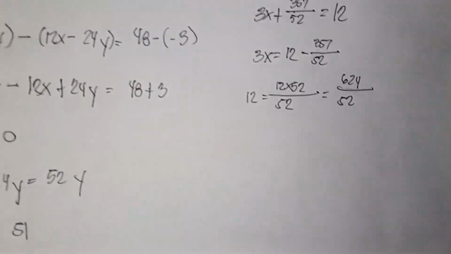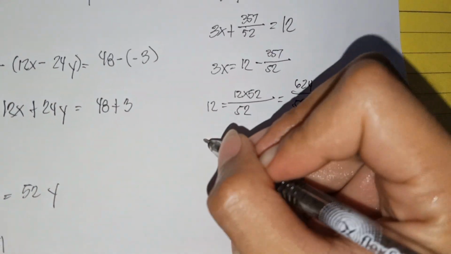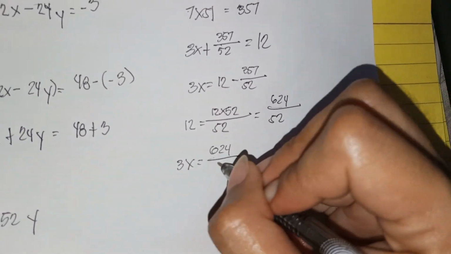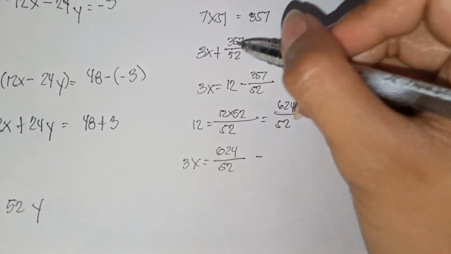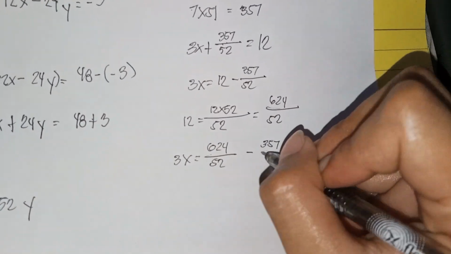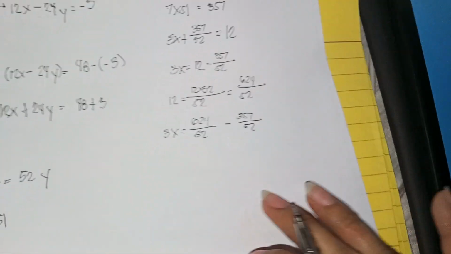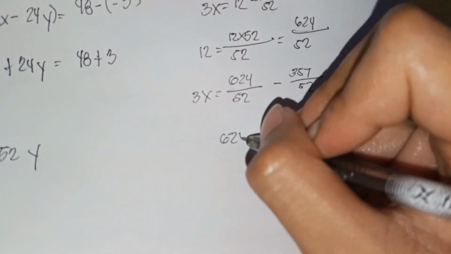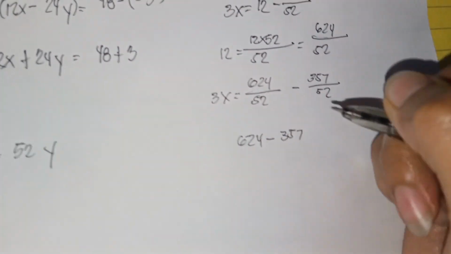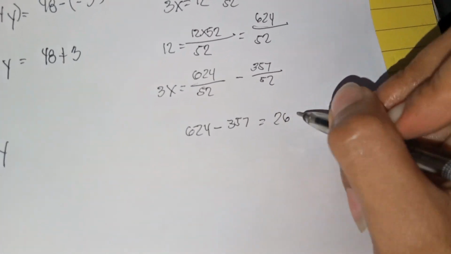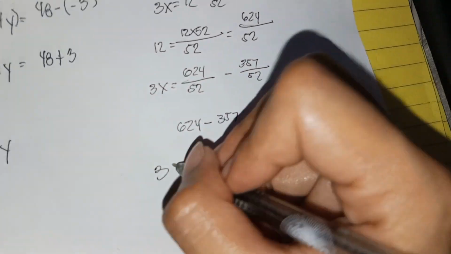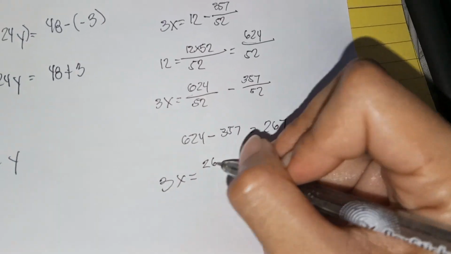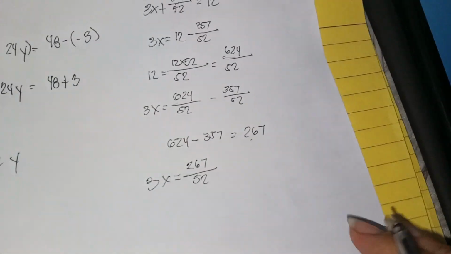So, 3x equals 624 over 52 minus 357 over 52. We're going to subtract the numerators. So, 624 minus 357 is 267. 3x equals our result 267 over 52.